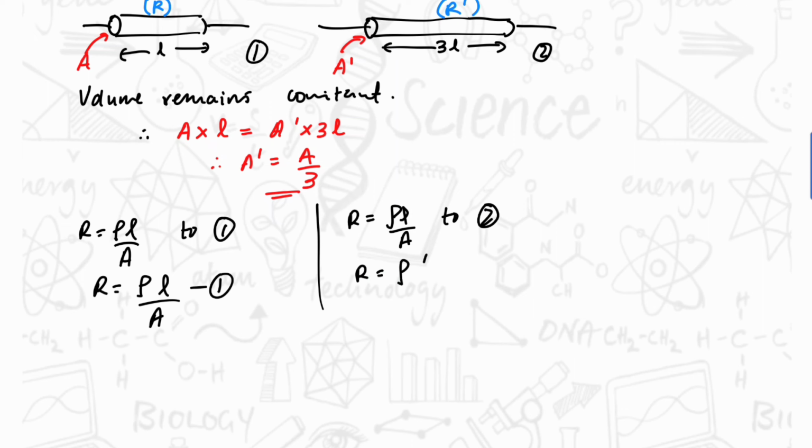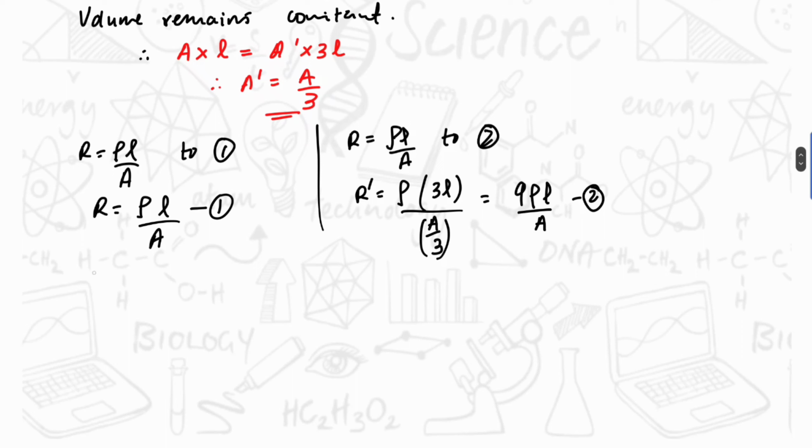Then we will get the length as 3L, and the cross-sectional area is A over 3. Therefore, if we simplify this, we get 9 rho L divided by A. The resistance is R dash. So we can divide the second equation by the first one. Then we will get R dash divided by R is equal to 9. Therefore, R dash will be 9R.